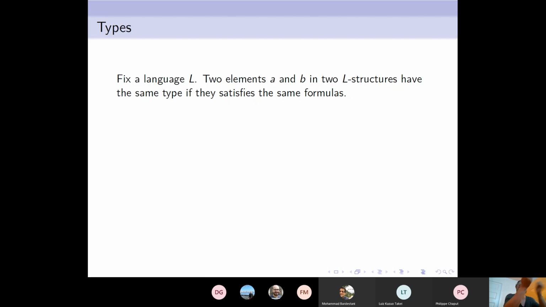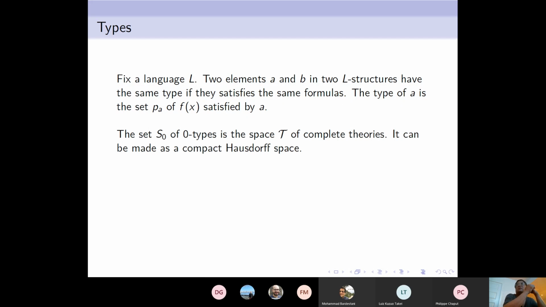That means they are equivalent. The type of element A is the set of formulas f(x) satisfied by A. So all formulas that A satisfies is called the type of A. All these are very important concepts in model theory.